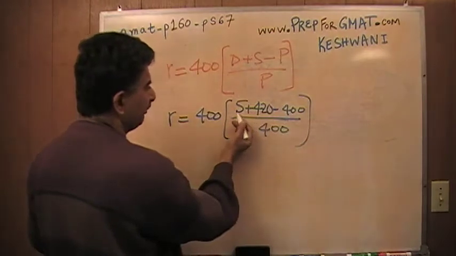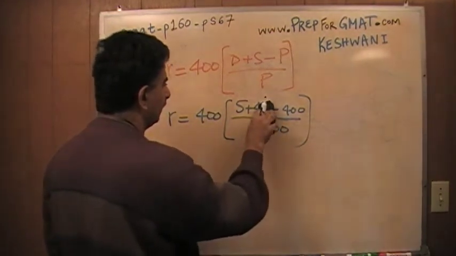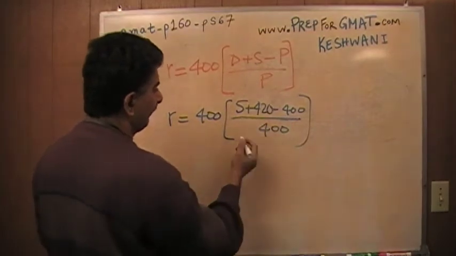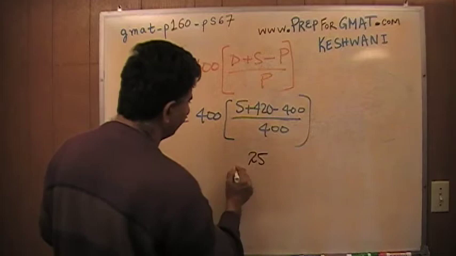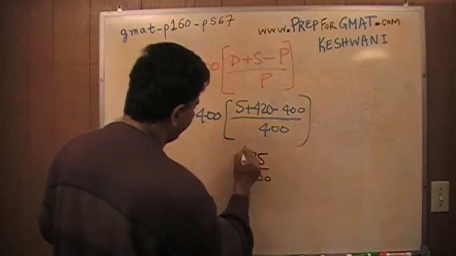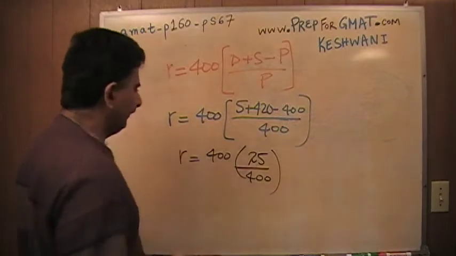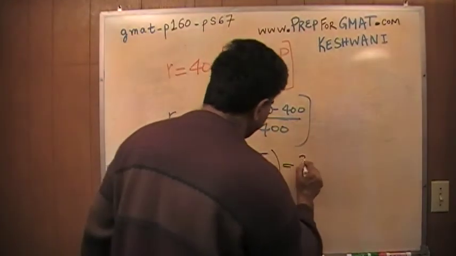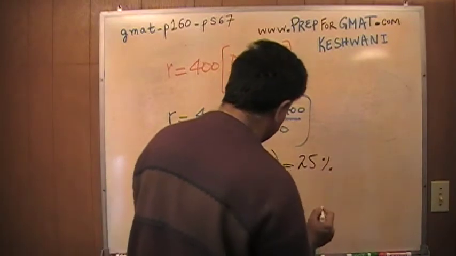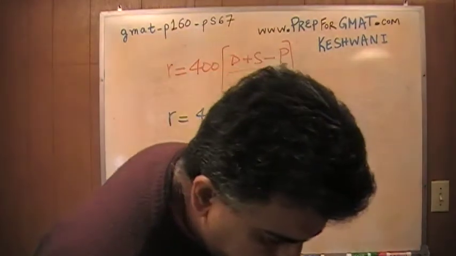So 420 plus 5 is 425, minus 400 is 25. Well, this is too simple. This is too silly. That's it, we're done. Her rate of return was 25%. The answer is E.